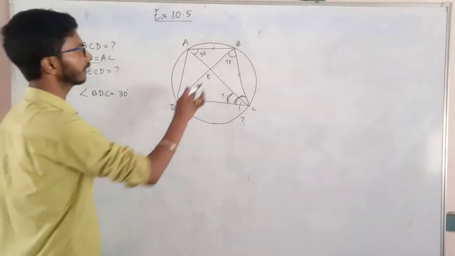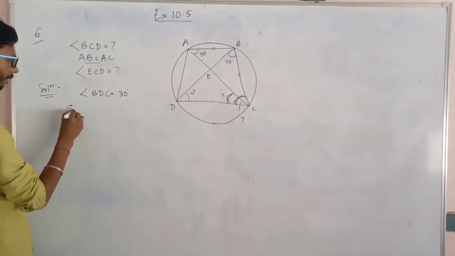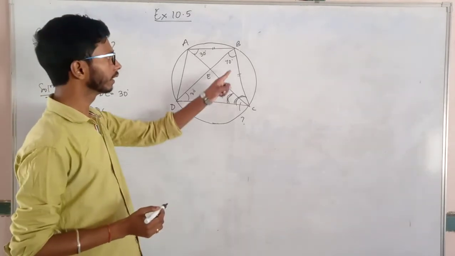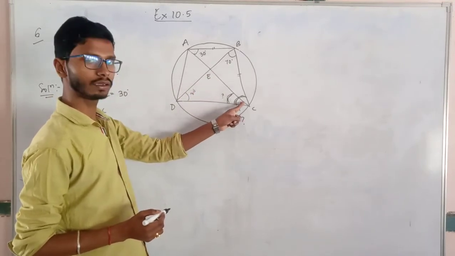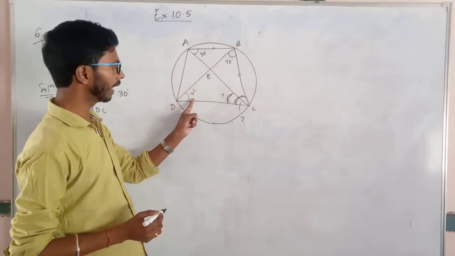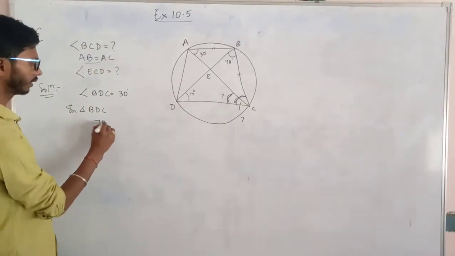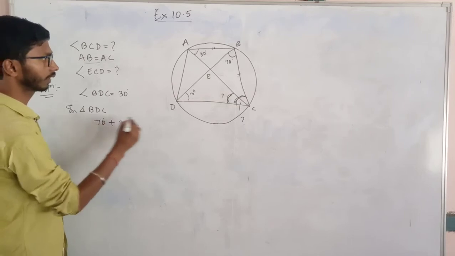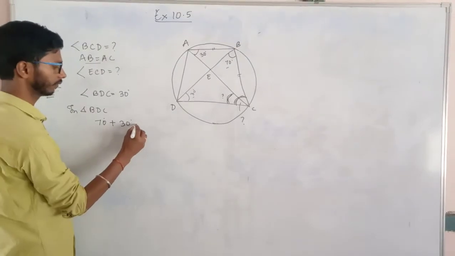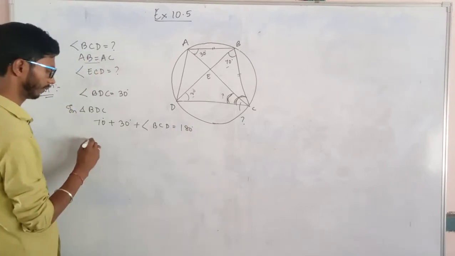Let us take this triangle, triangle BDC. In this triangle BDC, the sum of these three angles should be 180. So what can we write? 70 plus 30 plus angle BCD is equal to 180.